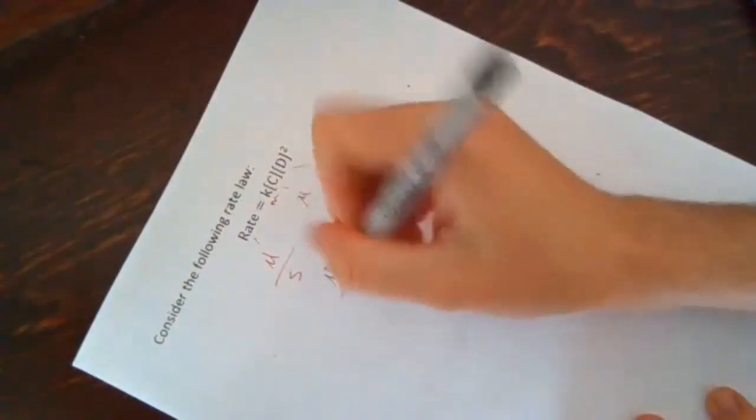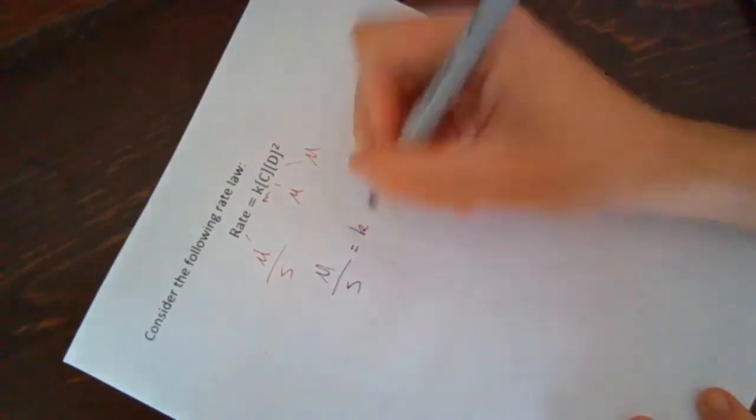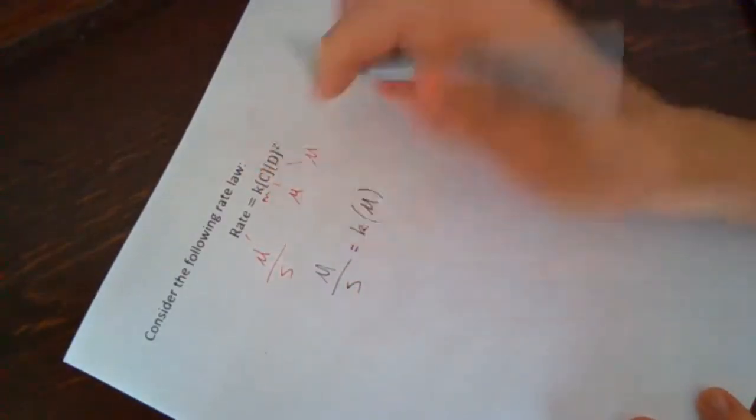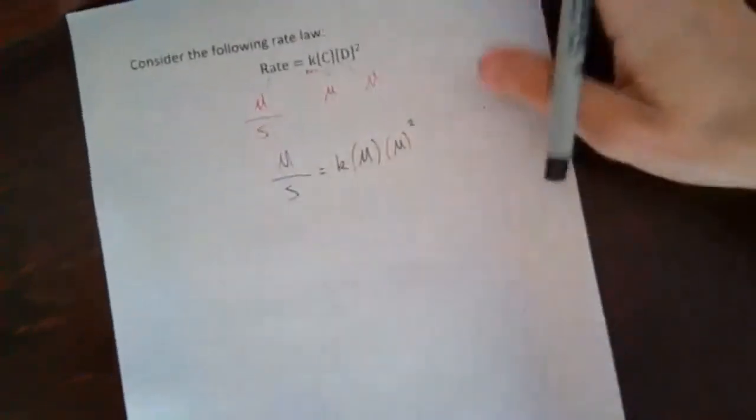And so if we look here, we can figure out what the units of K need to be by setting it up like an algebraic expression. I'm only going to look at the units here. So I know my units on the left-hand side need to be molar per second, whatever the units on K are. C has concentration of molarity. D has concentration of molarity, but that's raised to the second power.